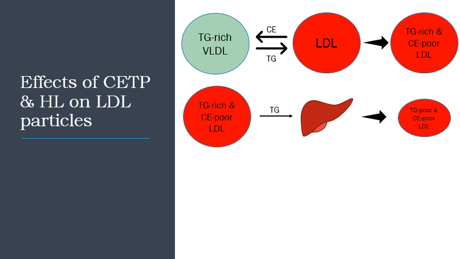It has no cargo to deliver. But because the ApoB on its surface gets deformed, it can no longer be recognized by the LDL receptor on the liver, and therefore it remains in the blood.